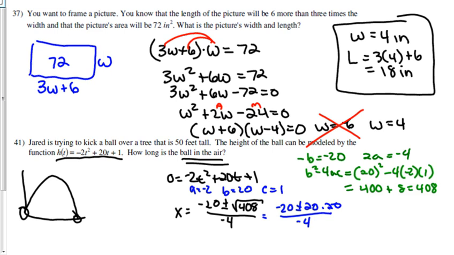Negative 20 plus 20.20 all over negative 4 gives me an answer of negative 0.05 seconds. That's before the ball is thrown. So that doesn't tell me how long the ball was in the air. And negative 20 minus 20.20 divided by negative 4 gives me an answer of 10.05 seconds, which is how long the ball is in the air.